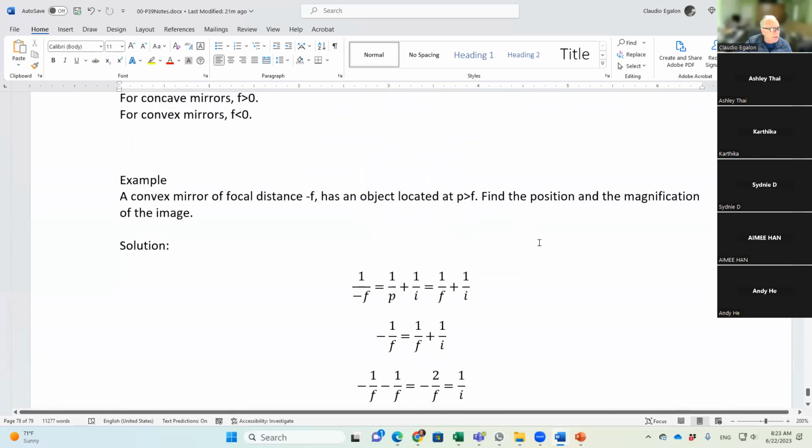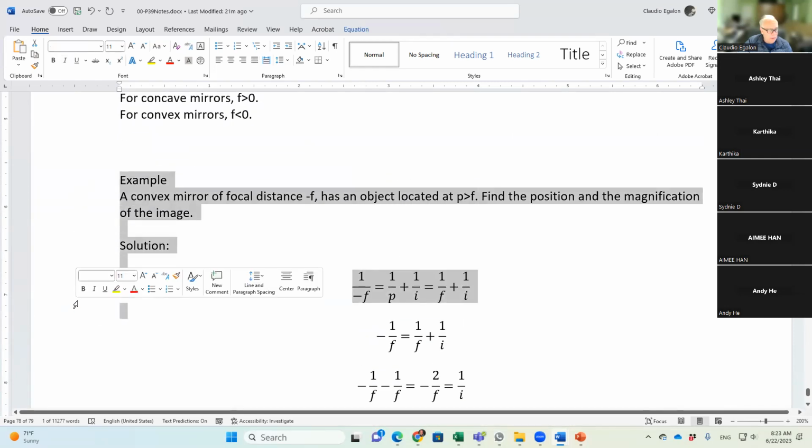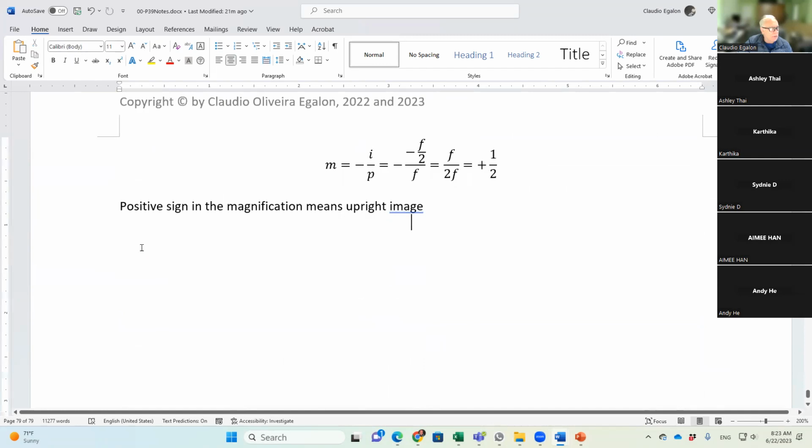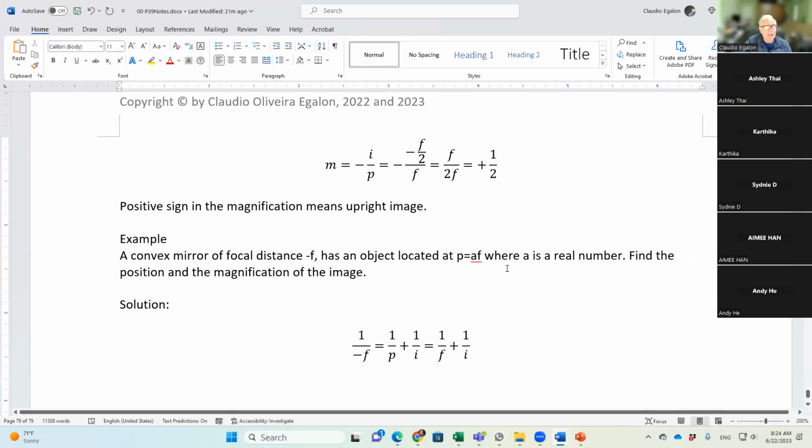Let's see if we can get something more general than that. Let's prove mathematically that there's no other situation. For a convex mirror of focal distance F that has an object located at P equal to A F, where A is a real number, find the position and magnification of the image.